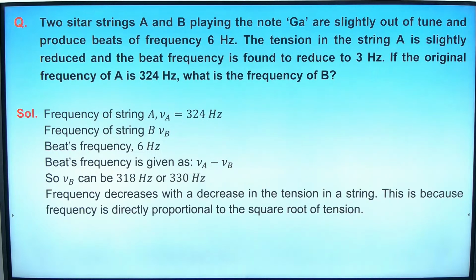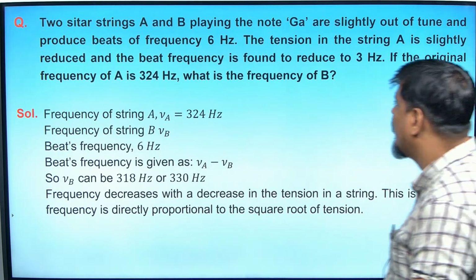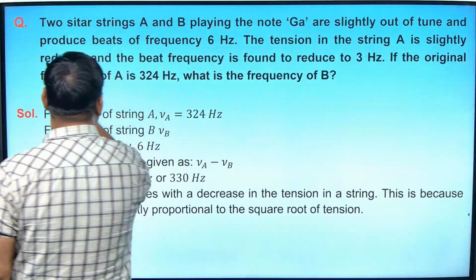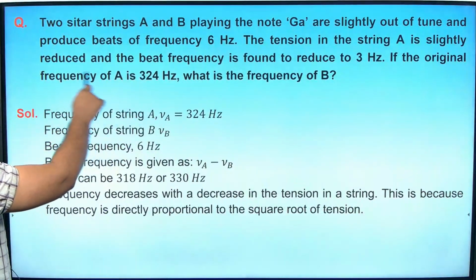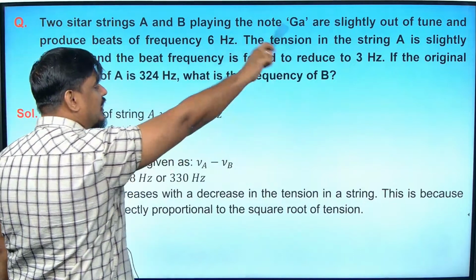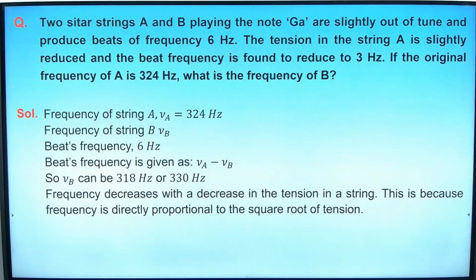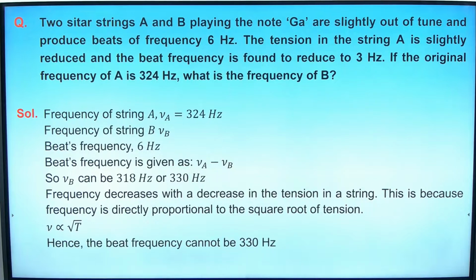The reason is, they have clearly mentioned that there is a slight reduction. The tension in string A is slightly reduced and the beat frequency is found to reduce to 3 hertz. So, if there is a reduction in the frequency, then obviously we will have the value of beat frequency as, what answer did you tell, Mr. Abhinand?